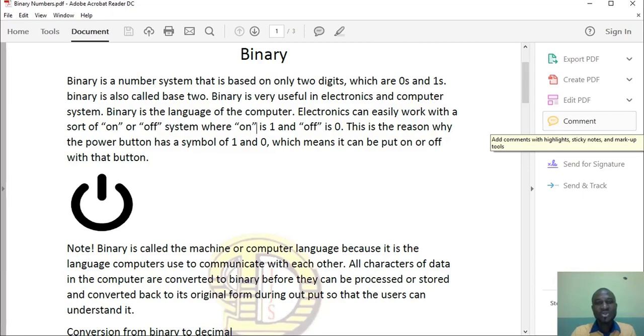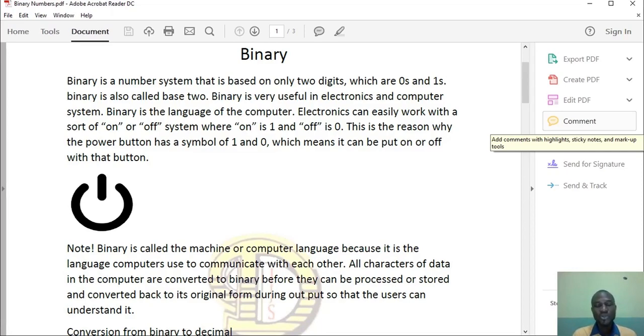Mind you, binary is also called the language of the computer, because when two computers want to communicate with each other, they do that in binary language, in strings of zeros and ones. Binary is also called base 2, especially by those in mathematics. You hear them saying base 2 or any other base if they want to talk about that one. But binary is also called base 2 because they follow the same principles.